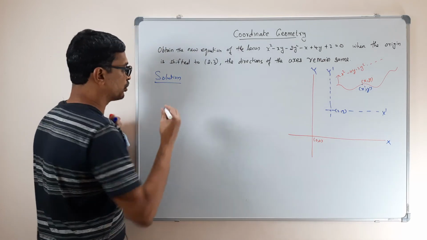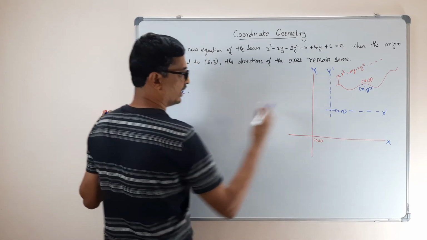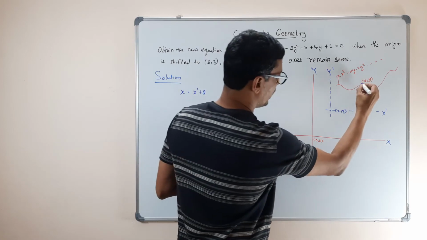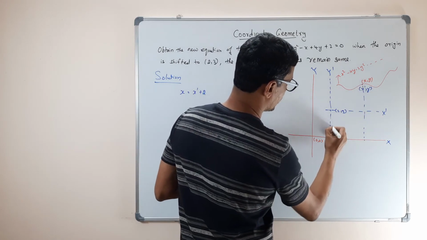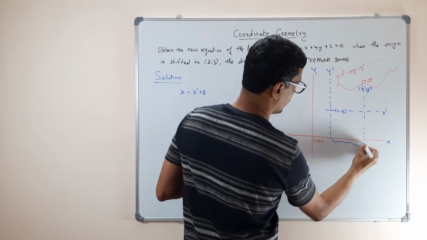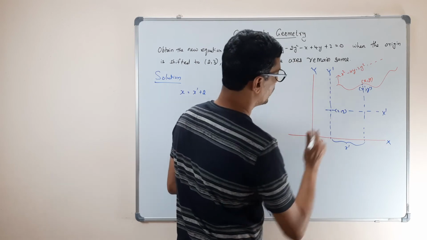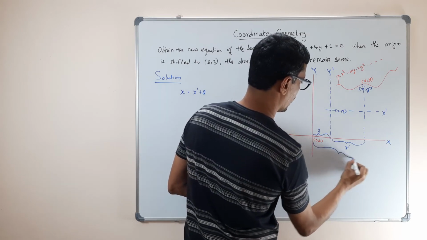You know how this x prime and y prime are connected, correct? So tell me now what will be your x? x will be equal to x prime plus 2, correct? Because this is the point, and this is the distance. So this is x prime and this is nothing but 2, and this is your total x.